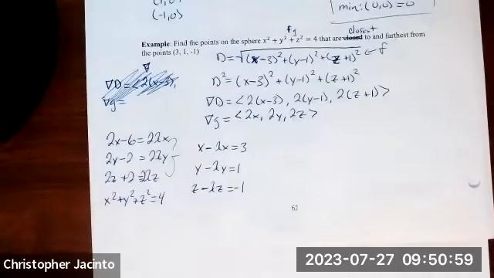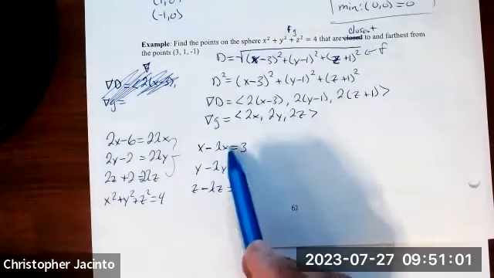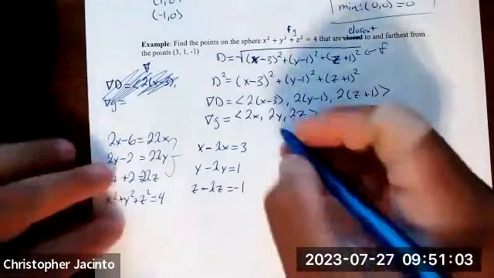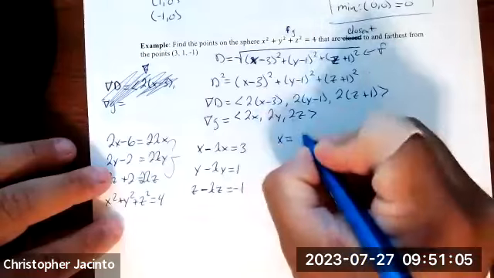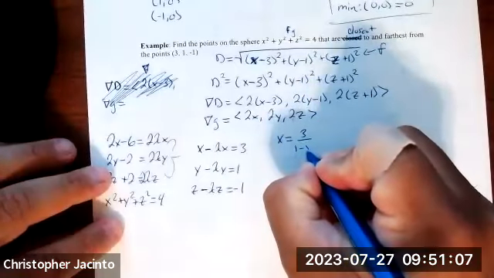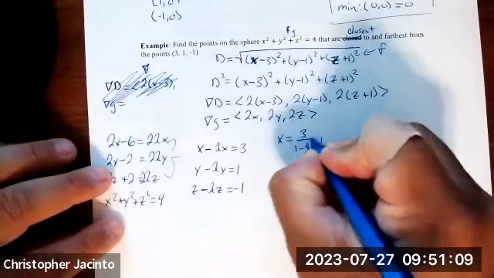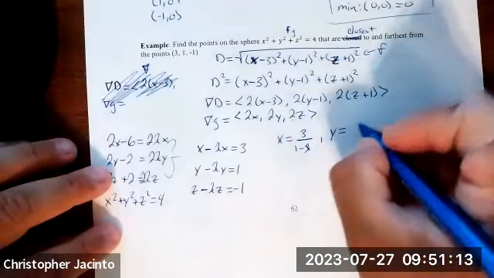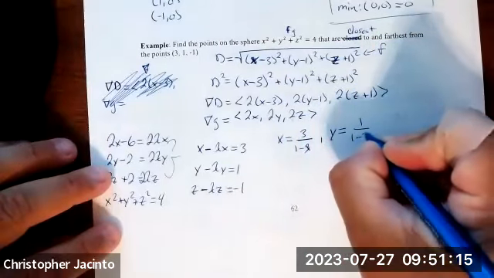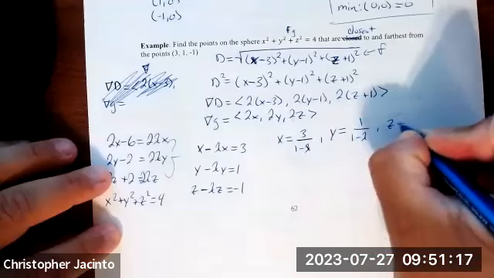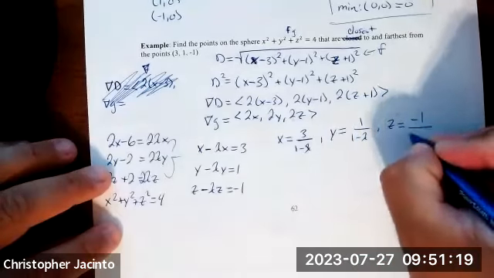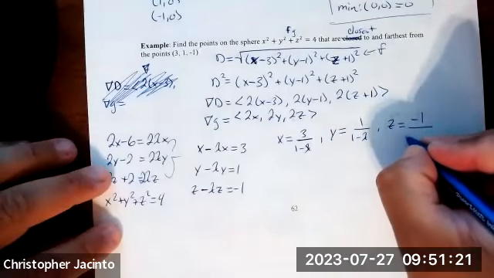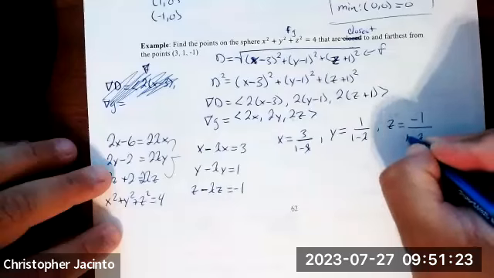And then if we solve each one for X, so factor an X and divide it over, and if we do that for every single term for Y and Z, you get this.